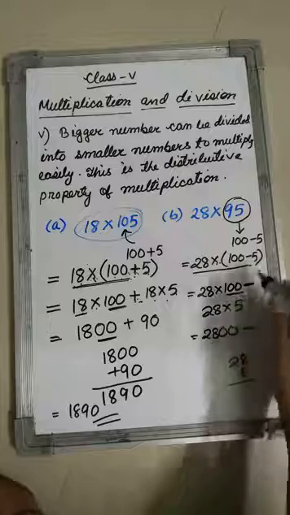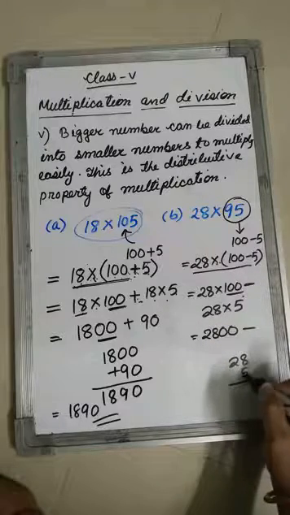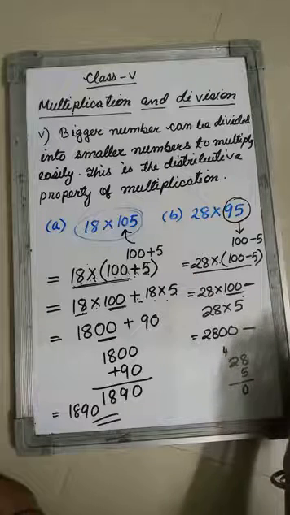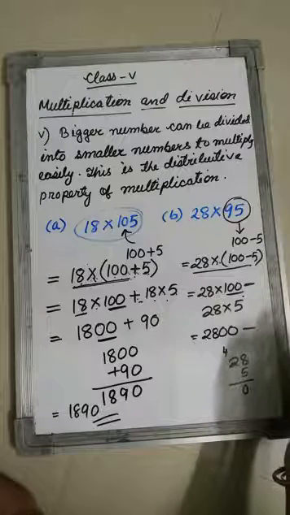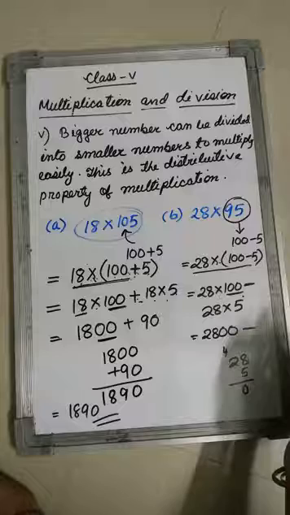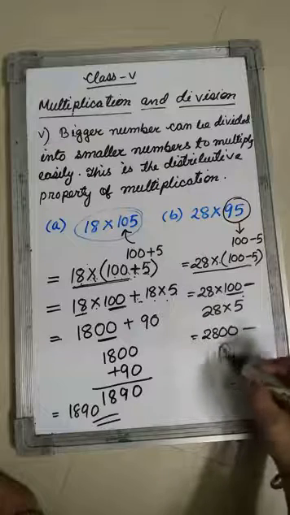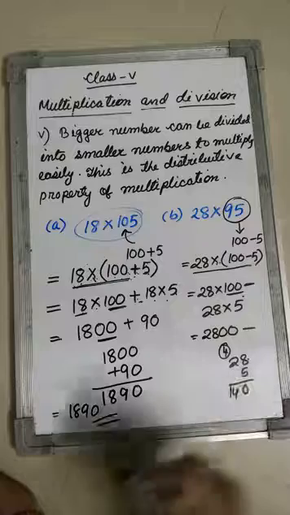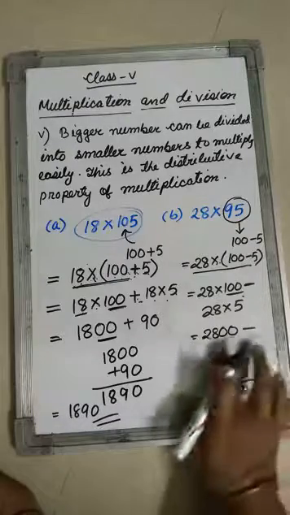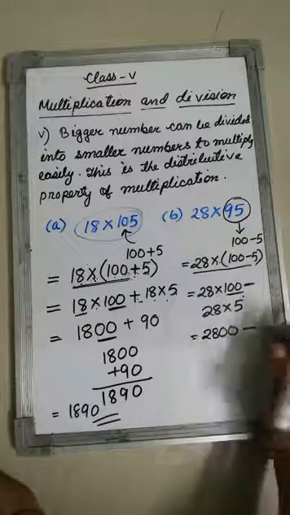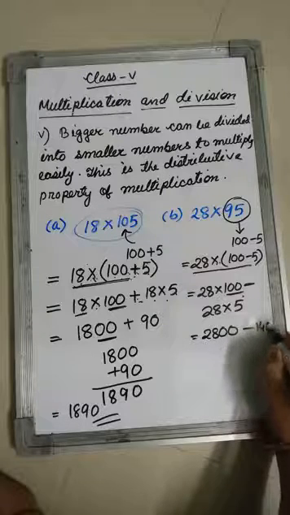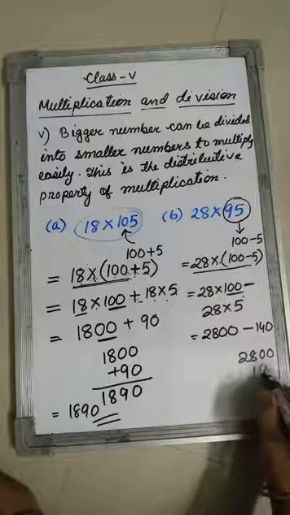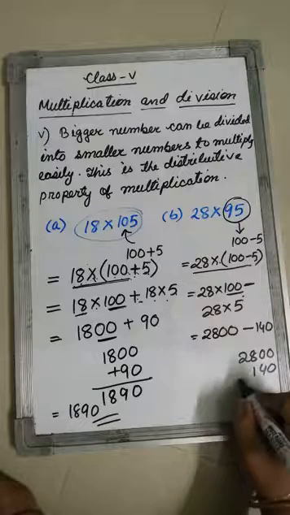There is no place for rough work, so I am doing it here. 5 into 8 is 40, 4 is carried forward to the next higher place. 5 into 2 is 10 plus 4, it is 14. So it is 140. So subtract 140 from 2800.